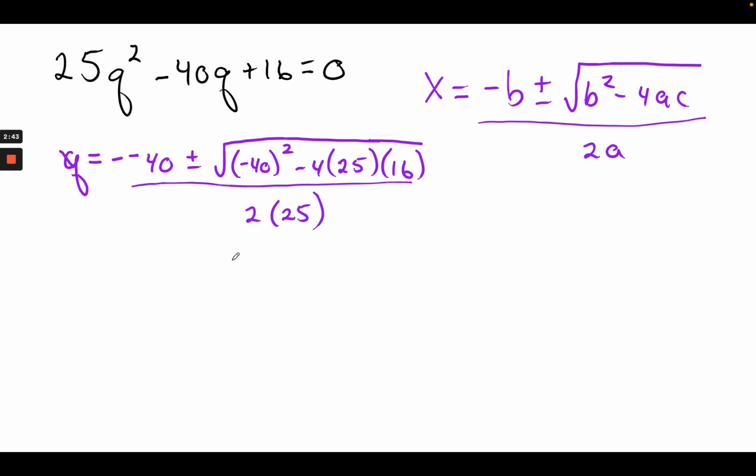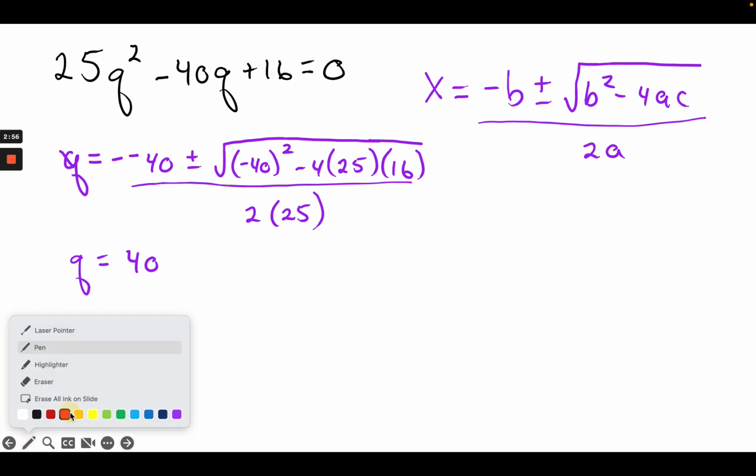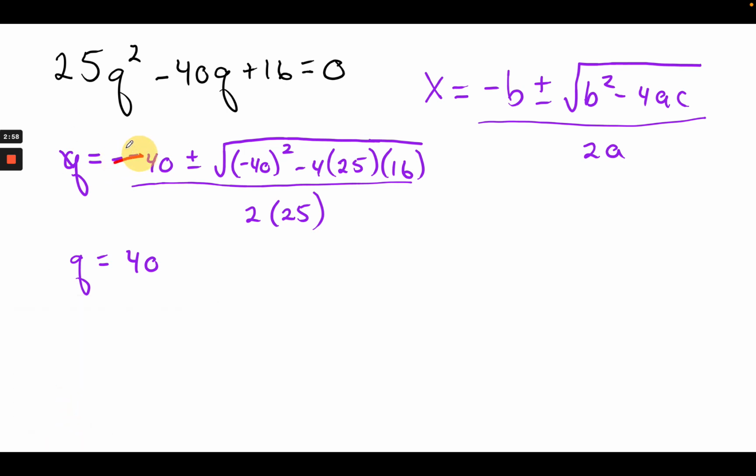Okay, so now it's just a matter of simplifying this. So we have q equals, this is going to be a positive 40, right? A negative turns into a positive. That was a lot of work just to change the color, wasn't it?